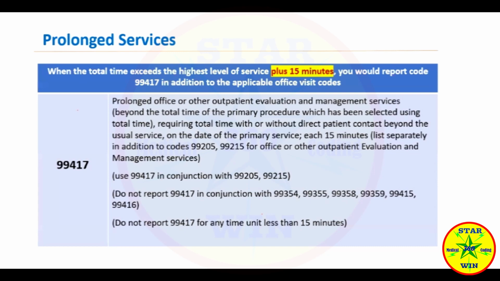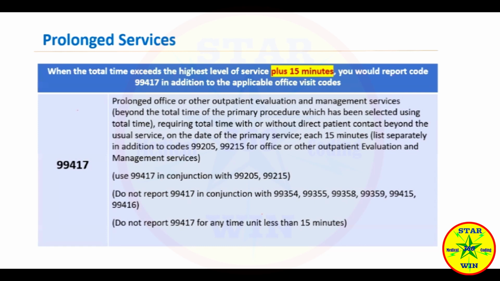Only to these two codes we are going to assign this new code 99417 when there is a threshold time of 15 minutes. Here they are giving highest level of service plus 15 minutes. Together it is considered as code 99205 plus 99417 or 99215 plus 99417.